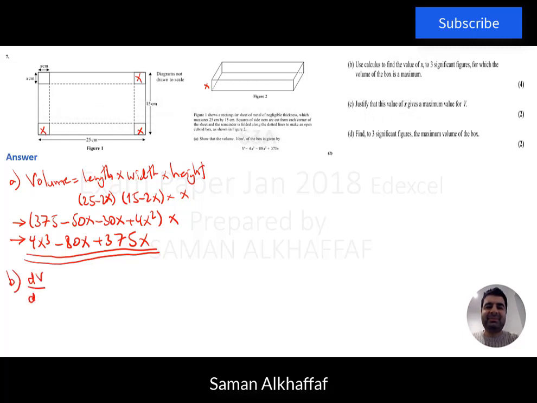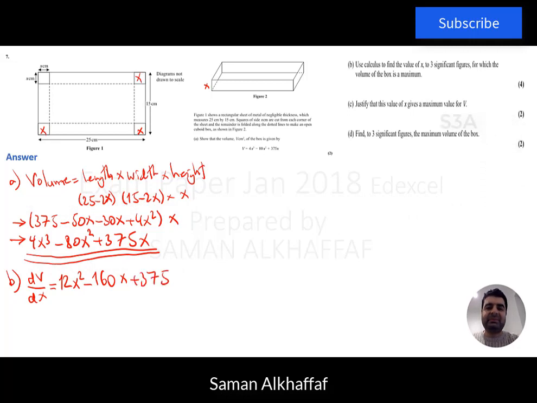We can differentiate the expression that we have found from part A. So that will give us 12x squared minus 160x plus 375.